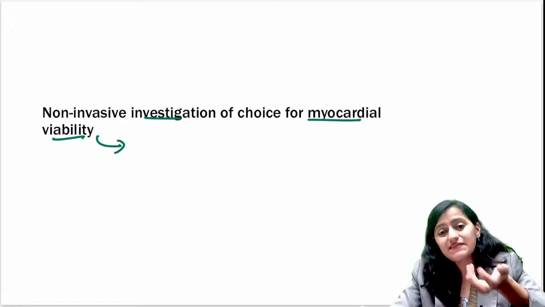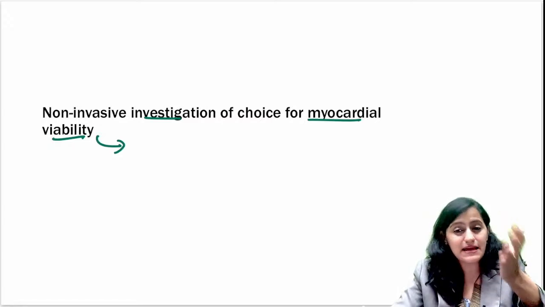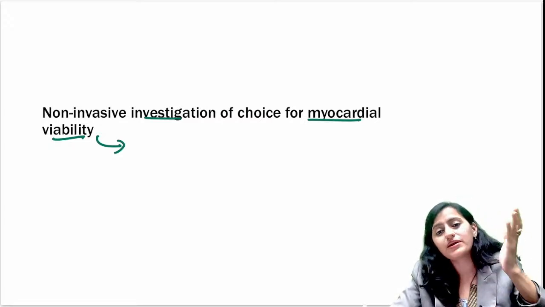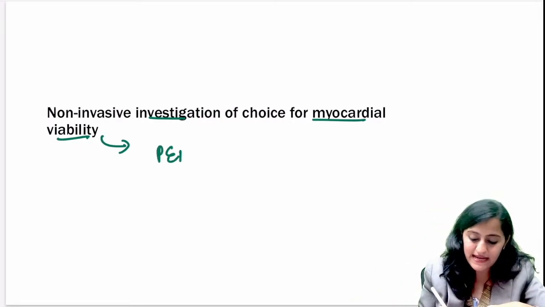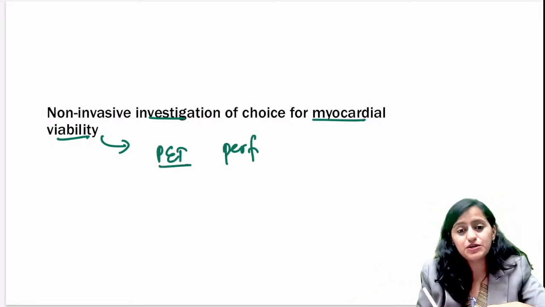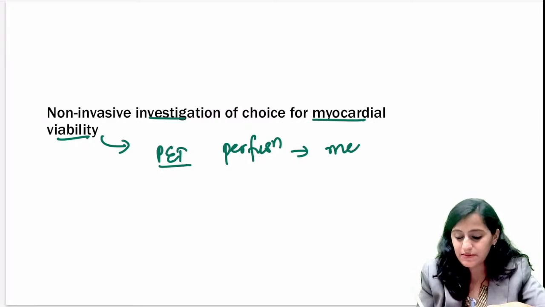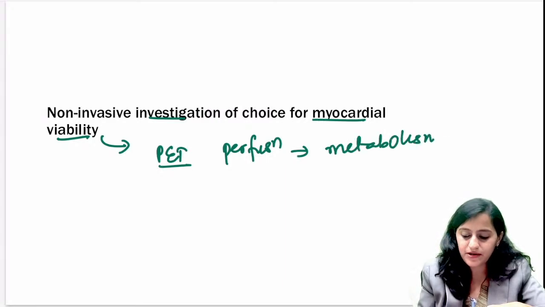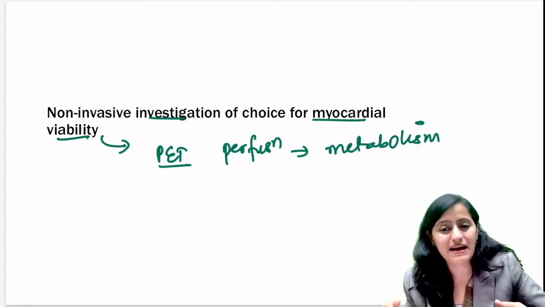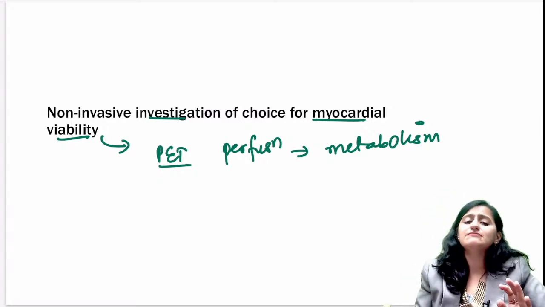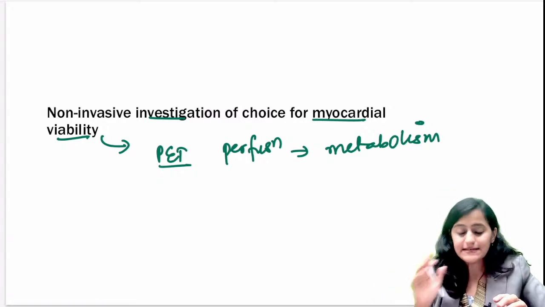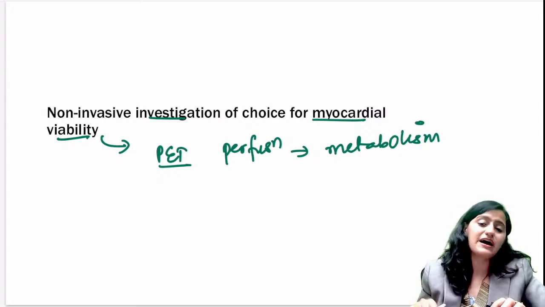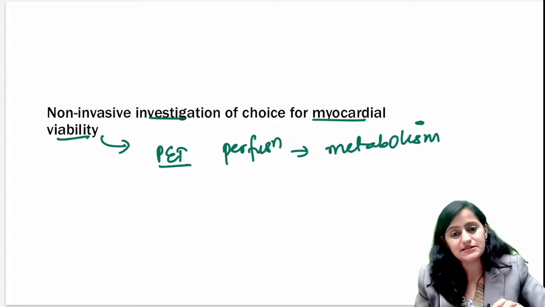So you need an investigation which helps you differentiate hibernating, normal, or infarct. It is going to be PET scan, where you look at perfusion and also metabolism, the matching and mismatching. That helps you identify whether it's hibernating, infarct, or normal.